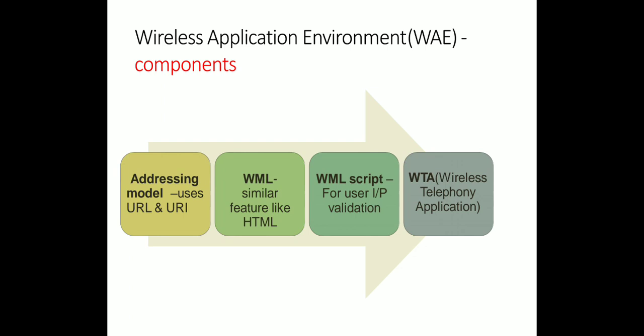That means the WML script comes into consideration here, which is used for input-output validation. Then the WAP gateway compiles the WML into binary format. The gateway then sends the WML response back to the phone. The phone receives the WML via the WAP protocol, and the micro browser processes the WML and displays the content on the screen.